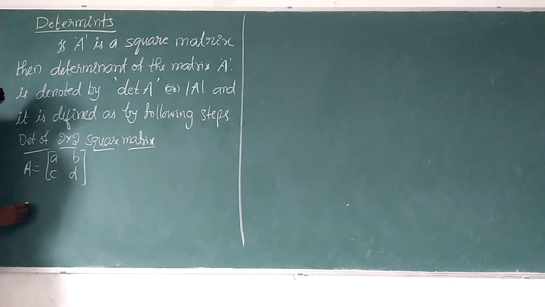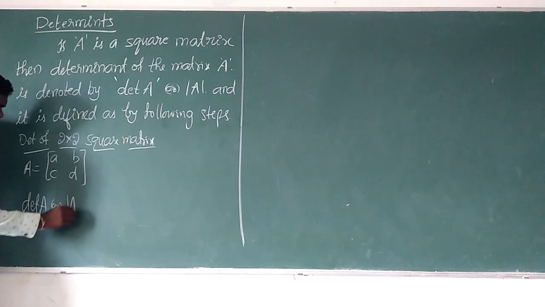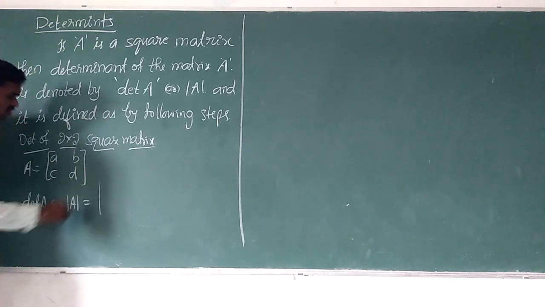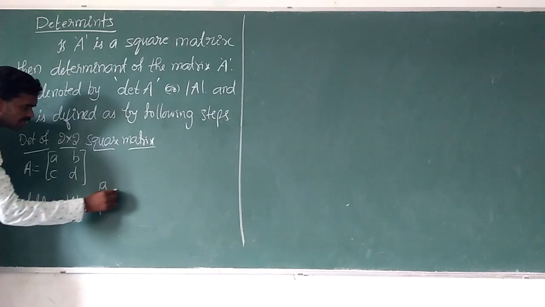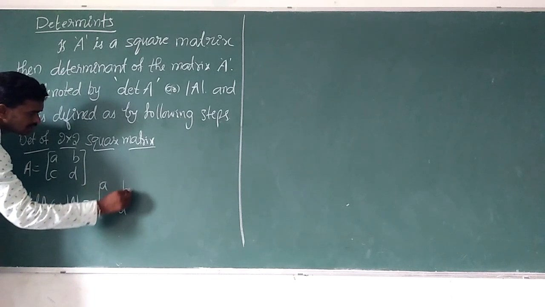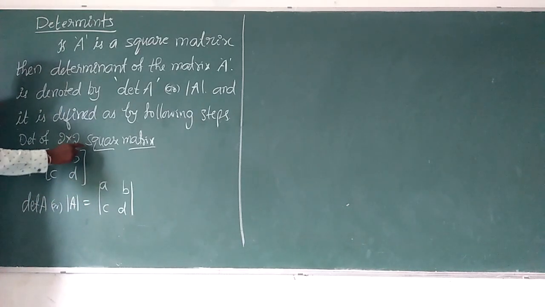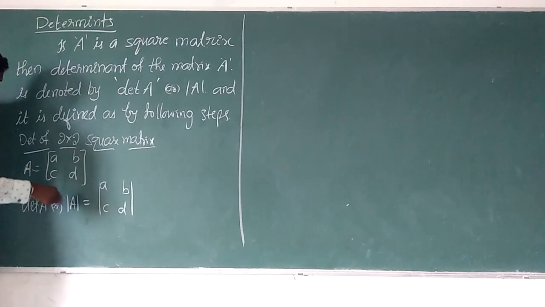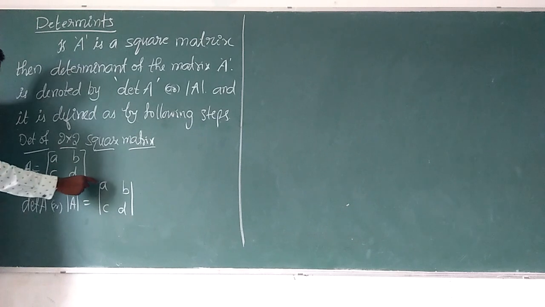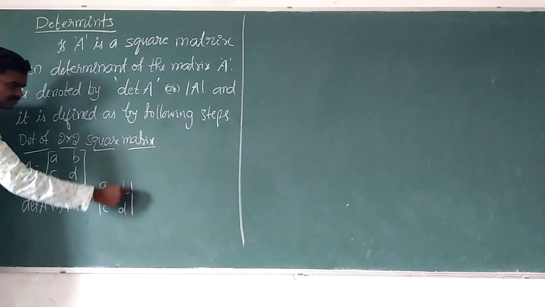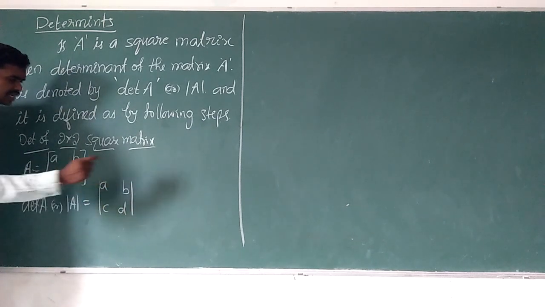Then det A is written as det with A, B, C, D. Just see the comparison between these two. This is a matrix, with brackets around A, B, C, D. The determinant of this matrix is written as det A, B, C, D.